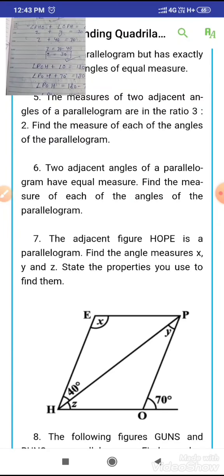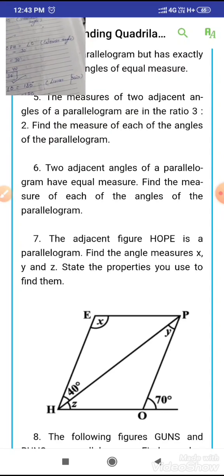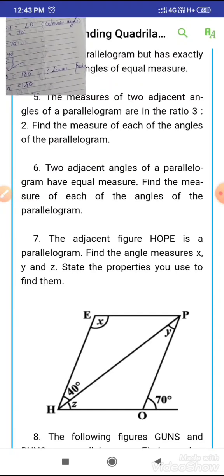So z plus 40 degree is equal to 70 degree. From here we can calculate the value of z and it is 30 degree.